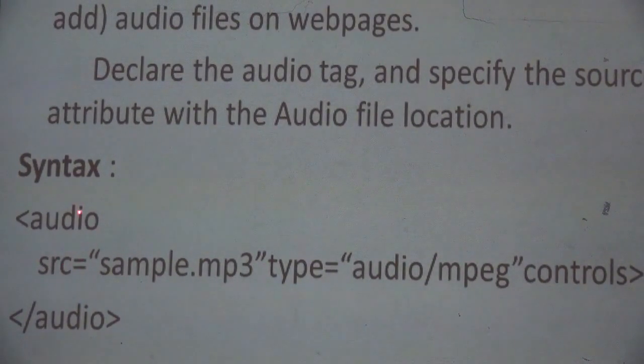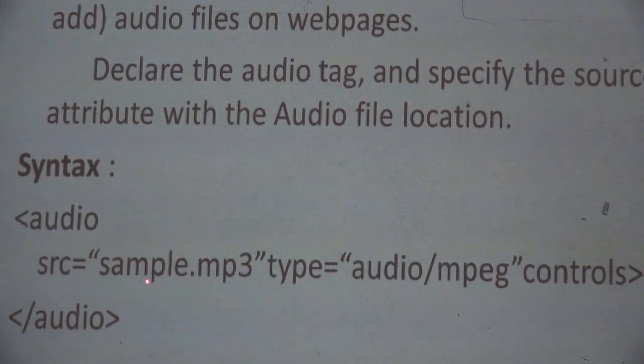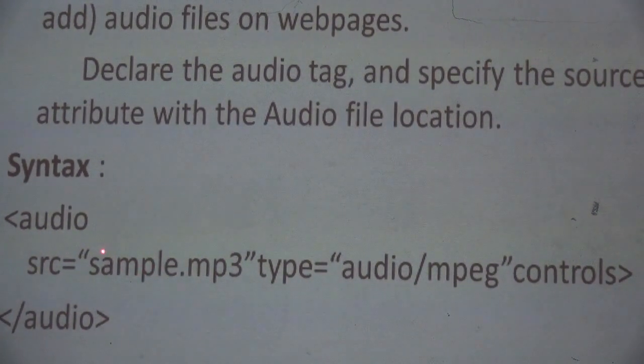We can write it on a single line: audio src is equal to, enclosed in double quotation marks, sample.mp3. You must have this file on your PC or computer or laptop, whatever you are using. Type is equal to audio/mpeg, controls /audio. So this is the syntax for the audio format.